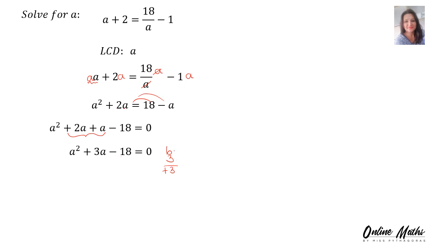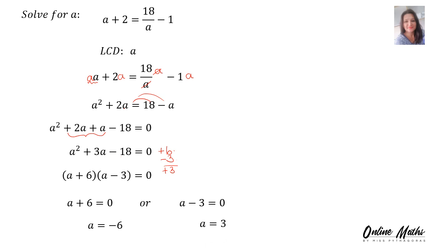How can 6 and 3 give me plus 3? Plus 6 minus 3 is equal to plus 3. So therefore the factors are a plus 6, a minus 3 equals 0. And then I say a plus 6 is 0, or a minus 3 is 0. And then on the left I solve a is equal to -6, or a is equal to 3.